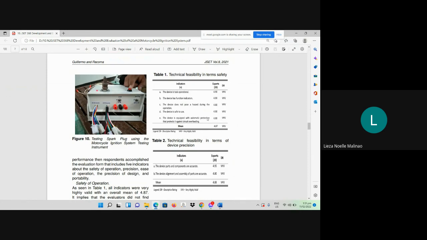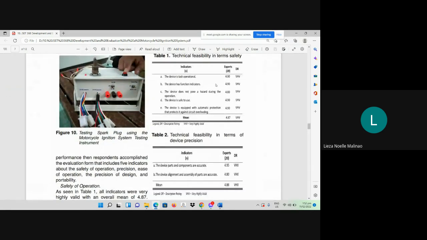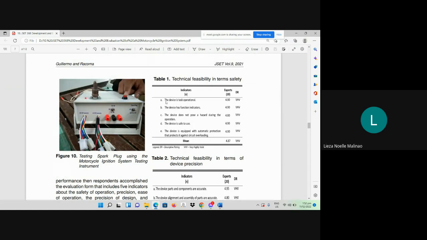So if you look here, going back to the paper that we have been reading, for example, for this sentence here, the device is task operational.